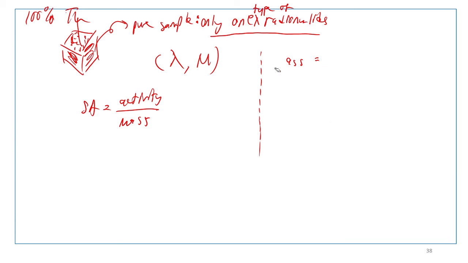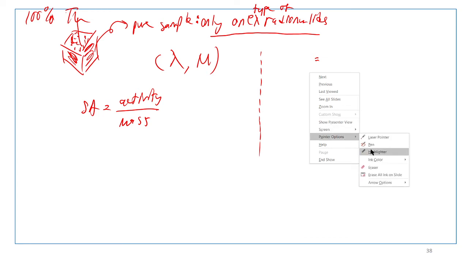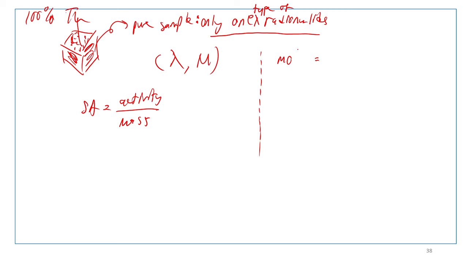If you forget chemistry, please do some revision. Mole, as we all know, is the mass over molecular weight, if your compound is a molecule, but in our case it's just thorium, so it is more appropriate to use atomic weight.